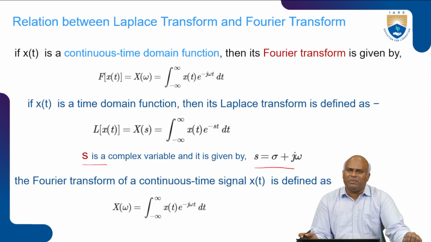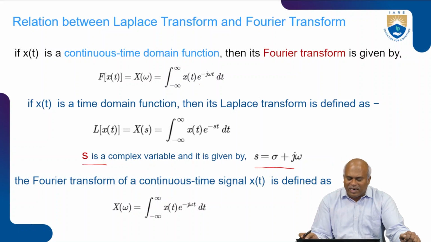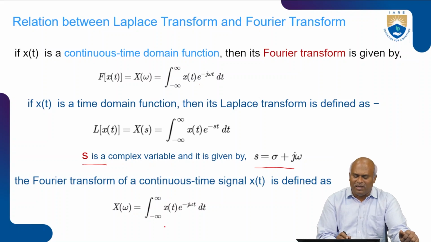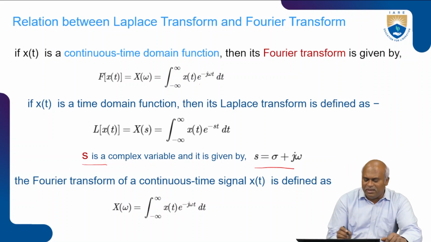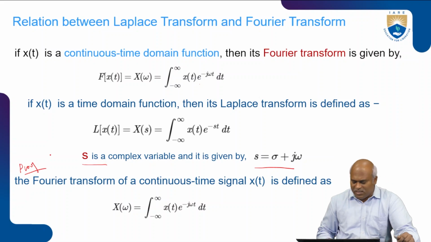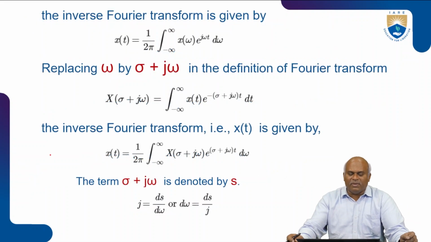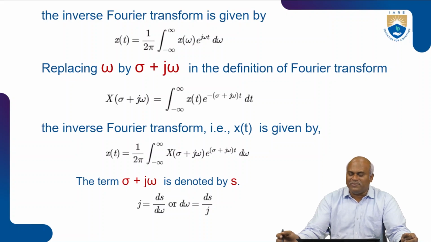The Fourier transform of a continuous time signal x of t is described as X of omega, the integration from minus infinity of x of t e power minus j omega t dt. Okay, now I need to prove this relation. For this, I should take the inverse Fourier transform.